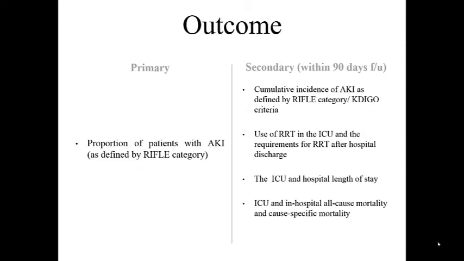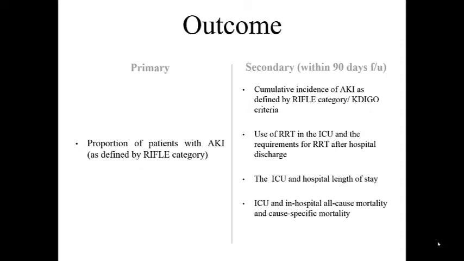And the secondary outcome, cumulative incidence of AKI as defined by RIFLE category as well as KDIGO criteria. So AKI we define on the basis of two different criteria. One, the RIFLE category, in which we say that if there's a 50% increase, there's a risk of kidney damage.